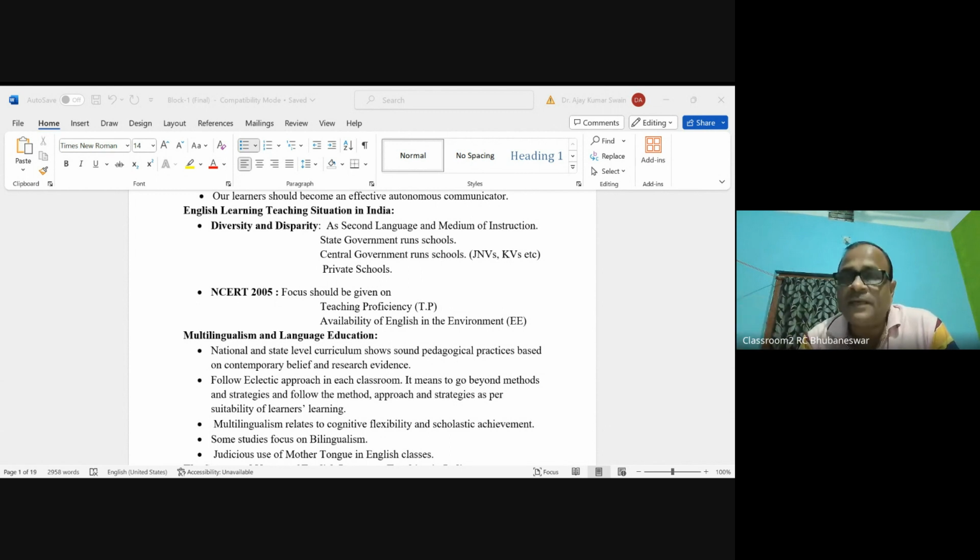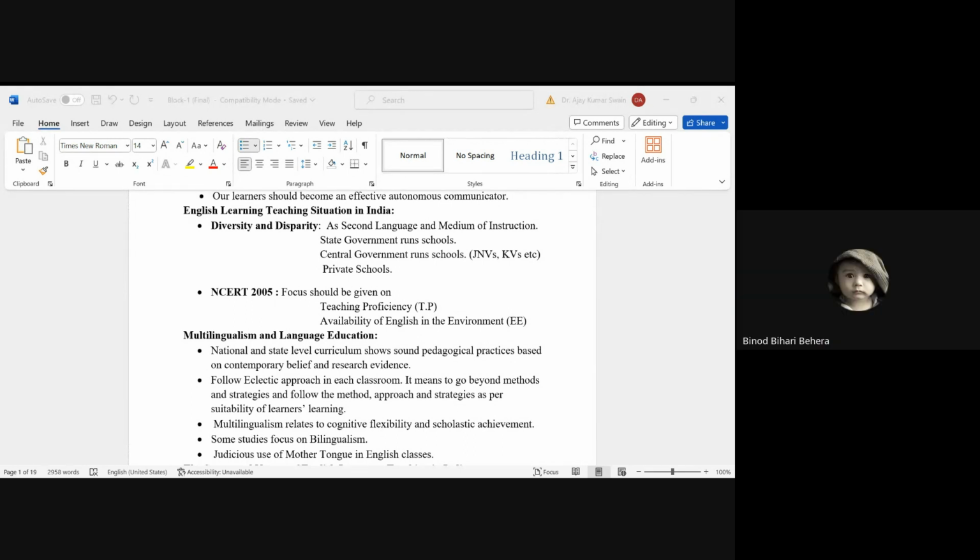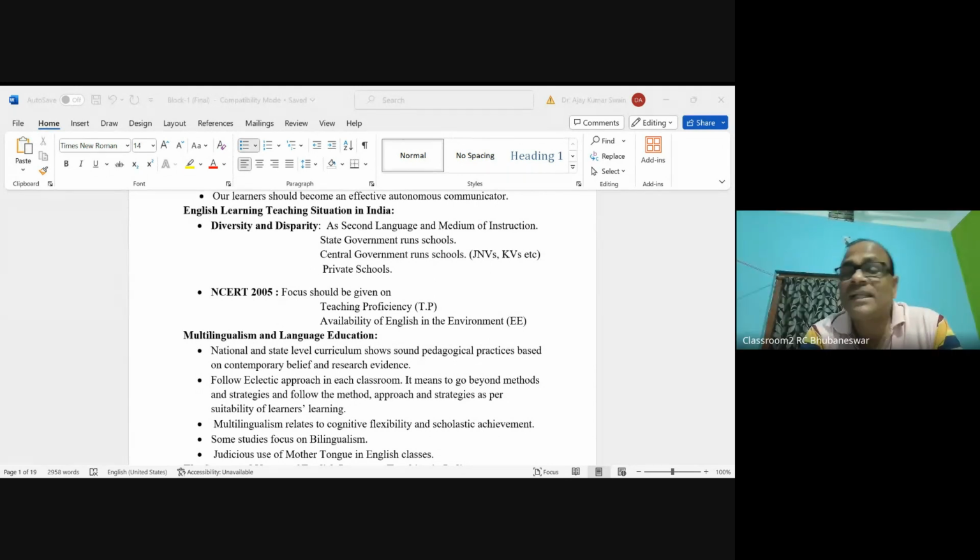But can you say which school can afford a better environment for learning English? Which school? Whether Adarsh Vidyalaya or Jawahar Navodaya Vidyalaya? Jawahar Navodaya Vidyalaya. What is the reason? Anybody?